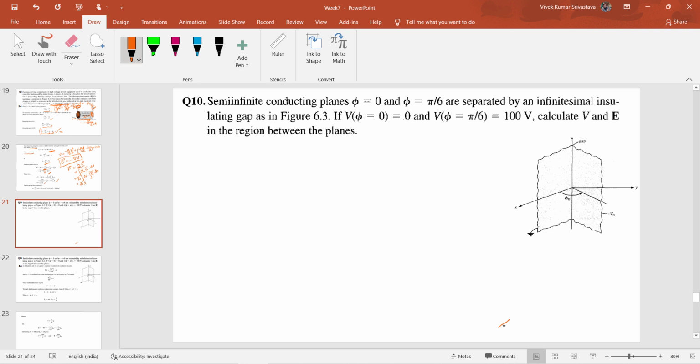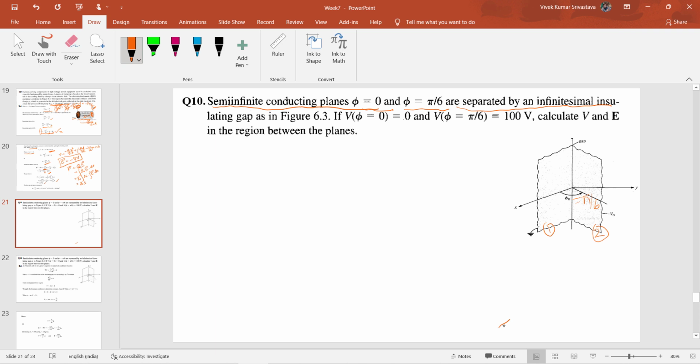So now moving ahead, the last problem is two semi-infinite conducting planes at phi equals 0 and phi equals pi by 6. Here is the first plate, here is the second plate, at phi equals pi by 6, separated by an infinitesimal insulating gap.